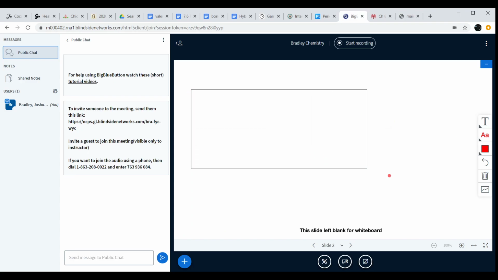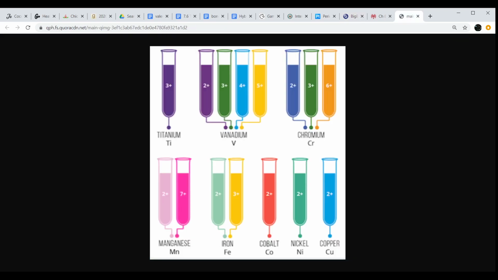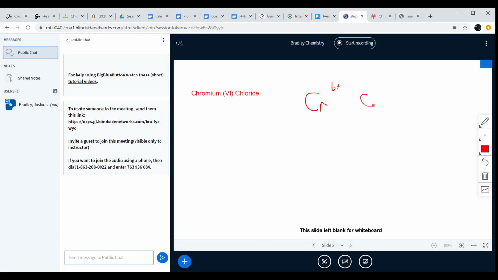We'd write out chromium, and this is the Roman numeral for 6, chloride. Which means that we're going to write it out as Cr. And since this is 6, this is going to be 6+, because this is the one that we're working with right here. And that's going to be combining with chlorine, and that's 1-.